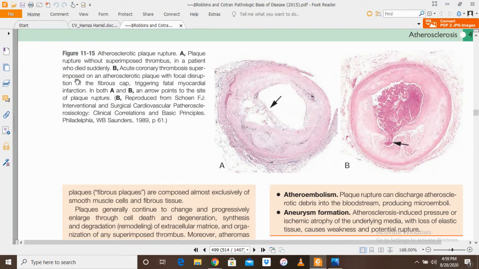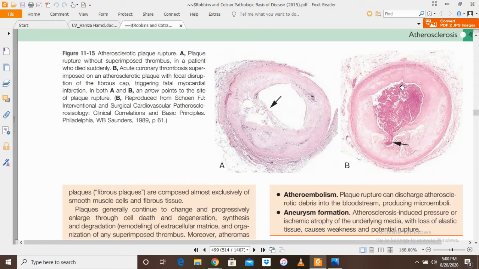Acute coronary thrombus superimposed on atherosclerotic plaque with a focal disruption of the fibrous cap. So you can see this is the plaque rupture, and due to plaque rupture, there is formation of superimposed thrombus on the atheromatous plaque.